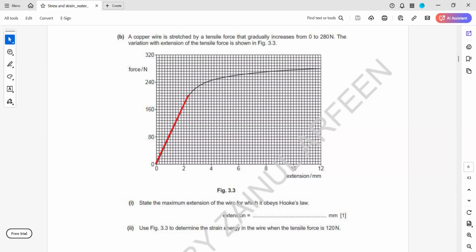These types of questions usually have a range, not an exact answer. So what is the length in millimeter? It looks like 10 boxes equals 2, so each is 0.2. So this is 2.2, 2.4. It looks like 2.4. The 2.4 millimeter is the extension.